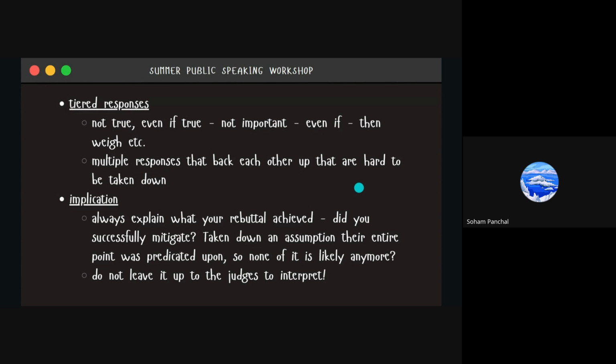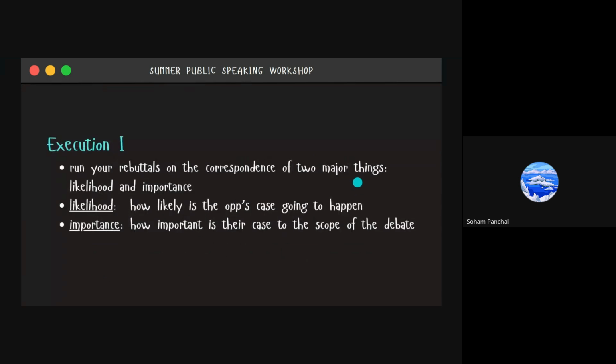Okay, good. Moving on. Now, the last part of how you debate is, first of all, you run your rebuttals on those two major things: the likelihood and the importance. The likelihood is how probabilistic it is that an argument will happen or occur.